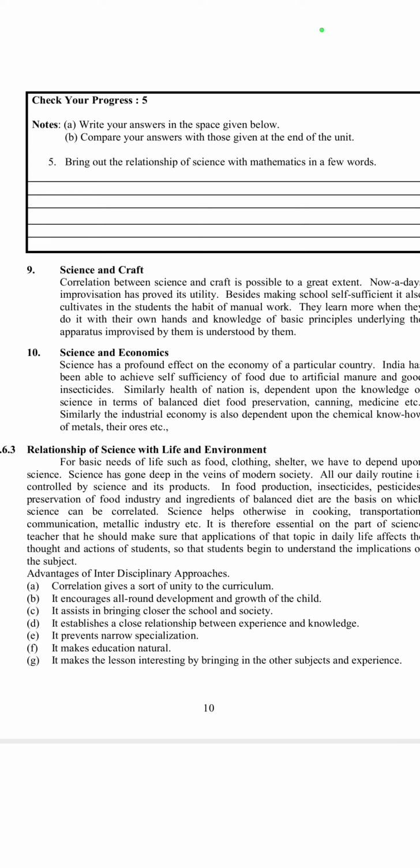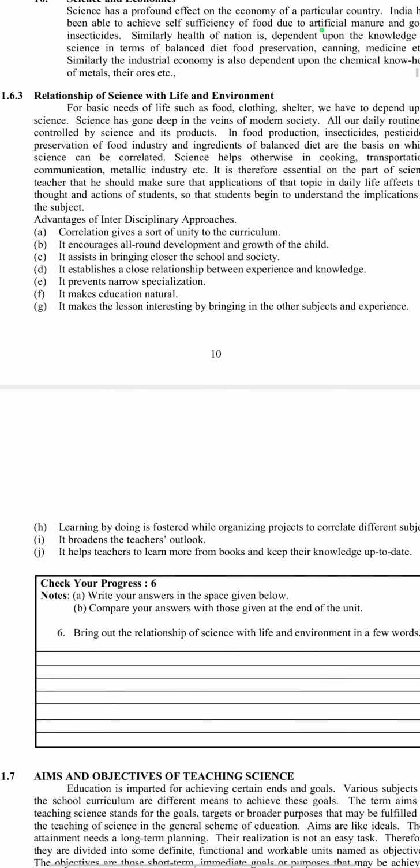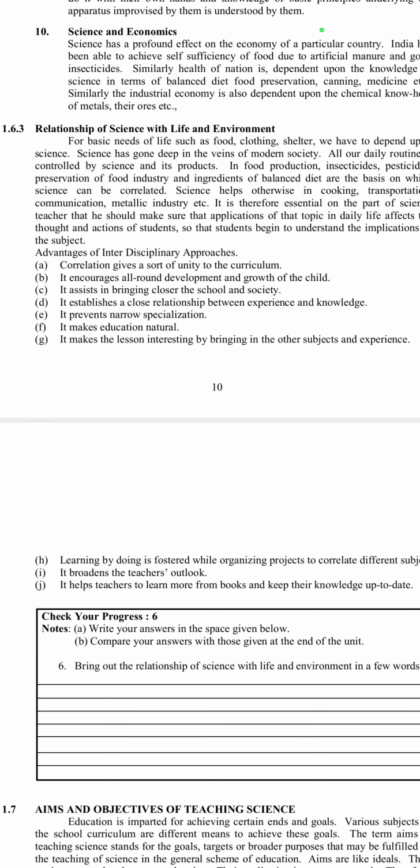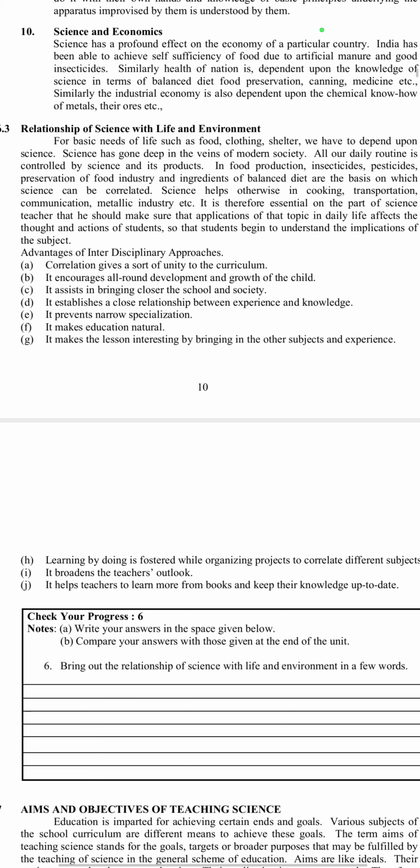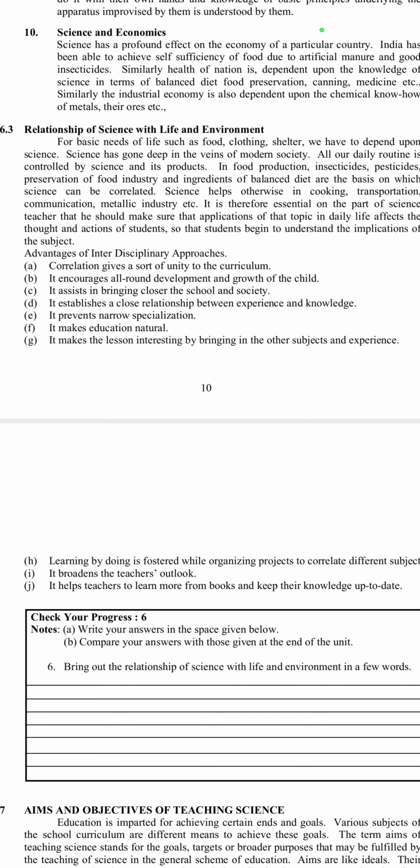So now, let's proceed to the last topic for the coverage of the preliminary examination. We have the relationship of science with life and environment. Basically, I have mentioned a while ago in my discussion the approach that we use in science, and that is called the interdisciplinary approach. So what do you think is the advantage of the interdisciplinary approach? These are the lists that explain the advantages of the interdisciplinary approach.